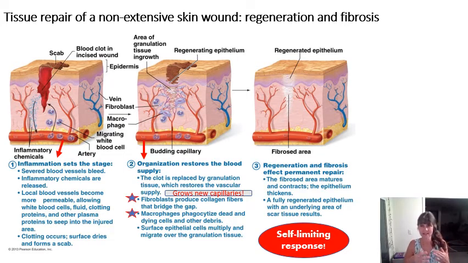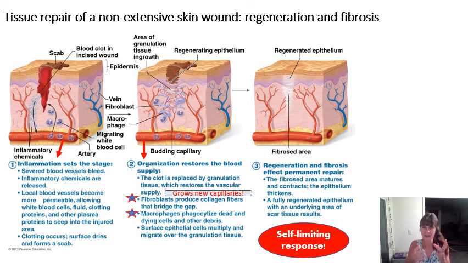That process leads us to the next portion of regeneration, where the area that has a lot of these fibers, which includes a portion of the epithelium as well as the dermis itself, the fibrosed area is going to mature and start to contract into itself as the epithelium thickens.